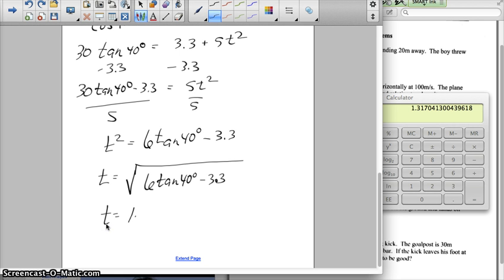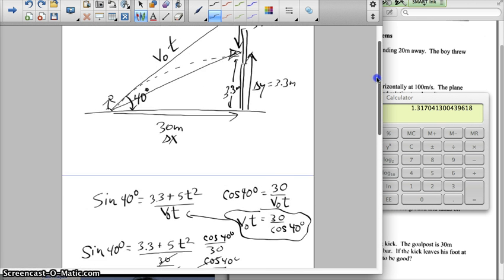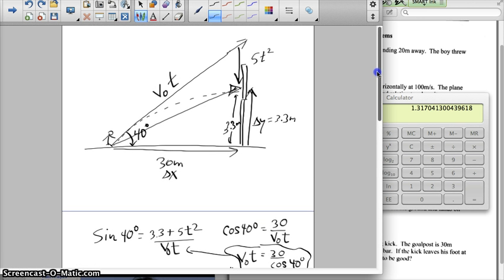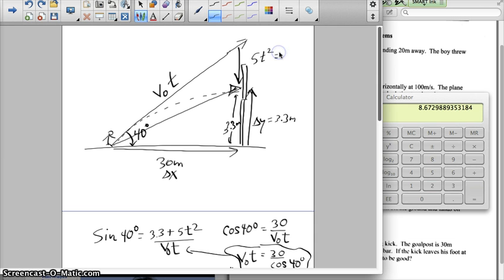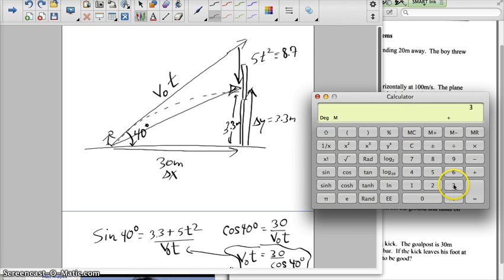So t is about 1.3 seconds. Now that I know that, I could find this side here. So I square t, I multiply by 5, I get 8.7. I add my 8.7 plus 3.3. That means this side is about 12 right here.